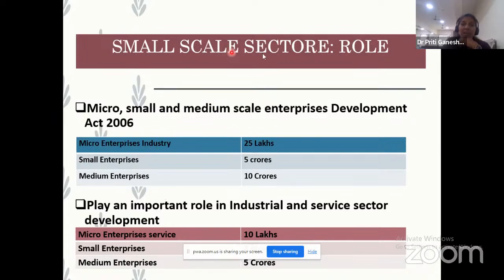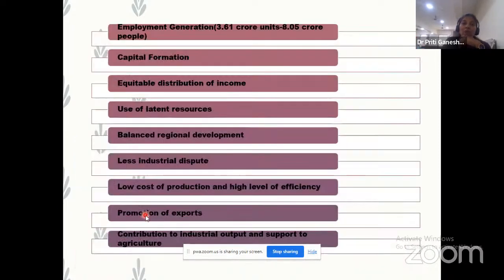This is called MSME, micro small medium scale enterprises. So you have to show their investment limits here: if your total capital is within 25 lakhs, it comes under this group; within 5 crores, it comes under this group. So you have to write it in the introduction of small scale.